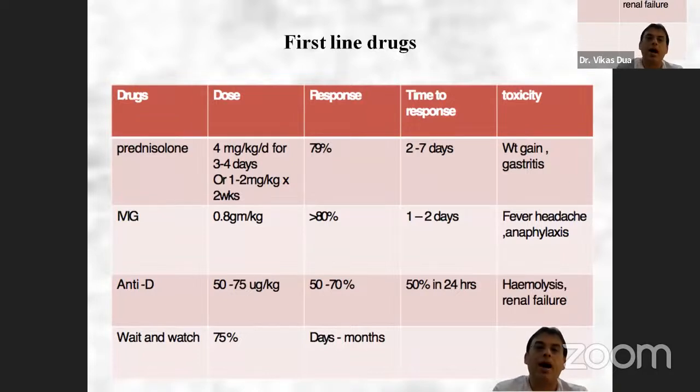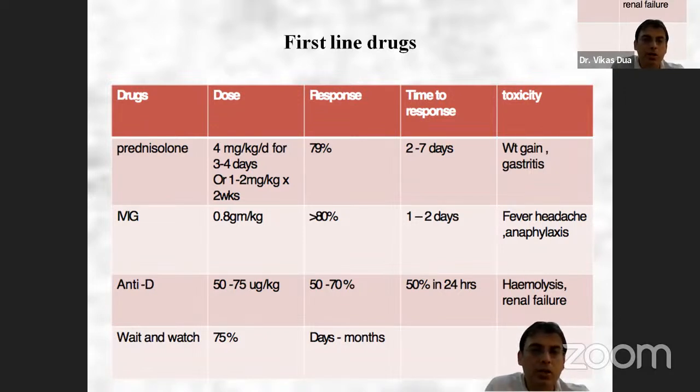I'll come to that. IVIG, a single dose is sufficient. A single dose of 0.8 to 1 gram per kg is sufficient. Previously, we used to say 1 gram per kg for 2 consecutive days or 400 milligram per kg for 5 days.